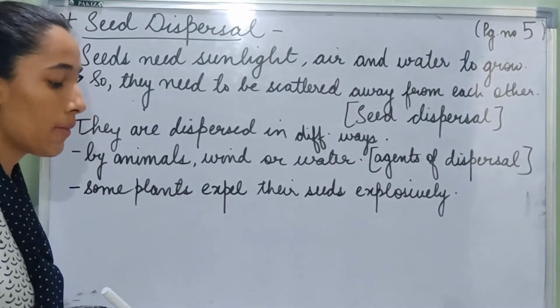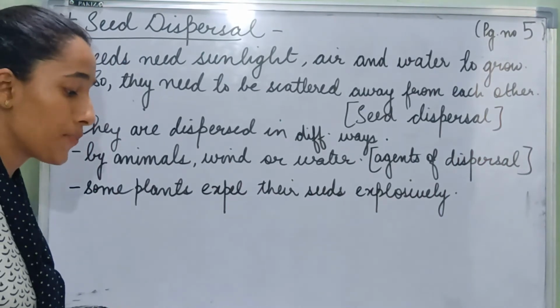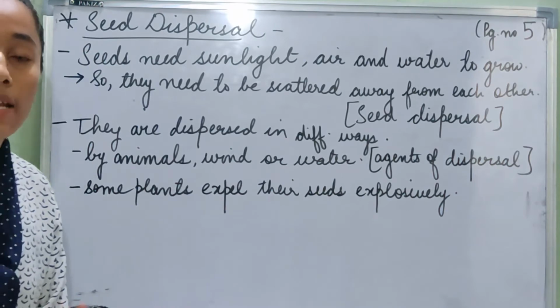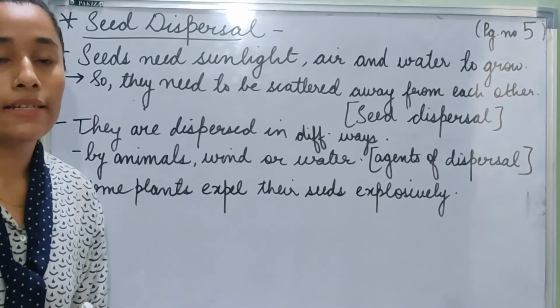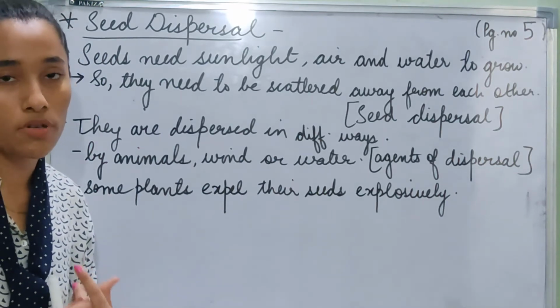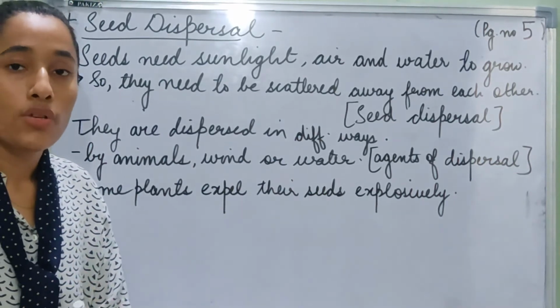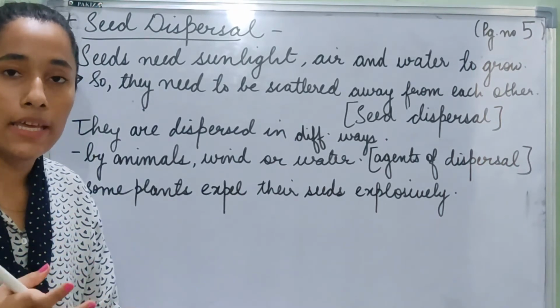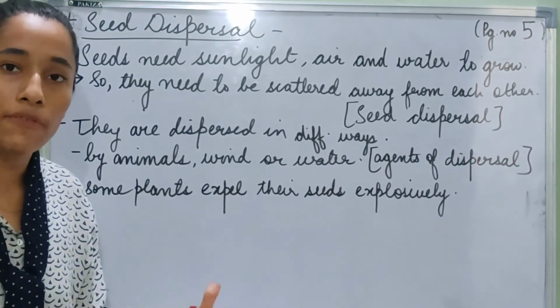Now we are going to learn about seed dispersal, because we learned about germination of seeds. We learned that adequate water, air, sunlight and the right temperature are very important for a seed to grow. So in order to get the correct amount of all these things, the seeds need to be scattered away from each other.